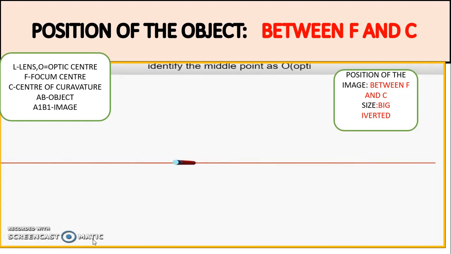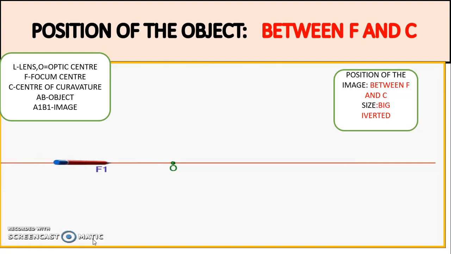So the middle point is considered as O. From that middle point, take 4 centimeter. For your convenience, 2 centimeter is enough, but 1 centimeter becomes very small. So 2 centimeter, 2 centimeter. Make marks O, F1, F2 and 2F1, 2F2 are C1, C2.